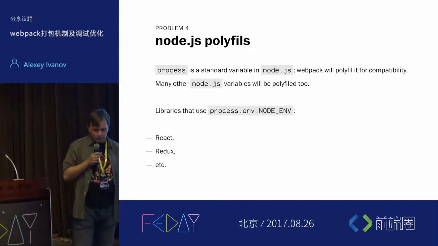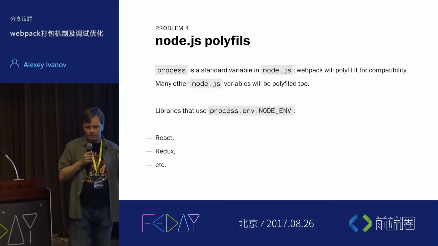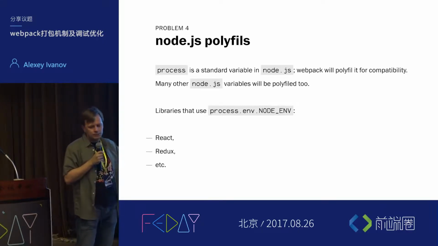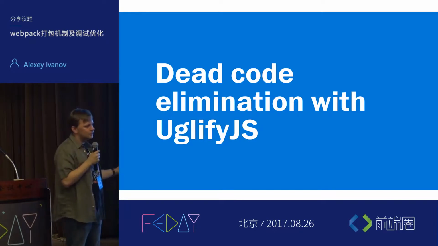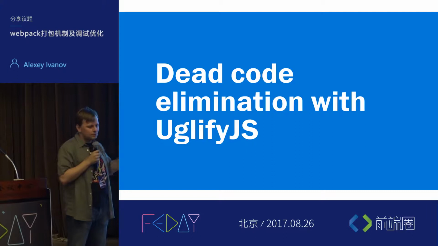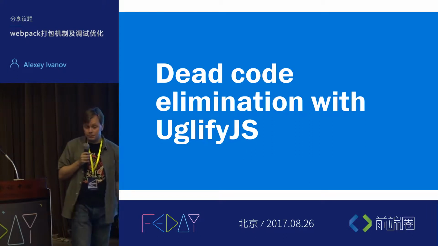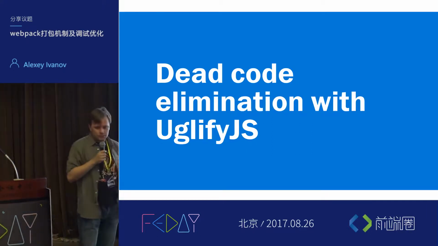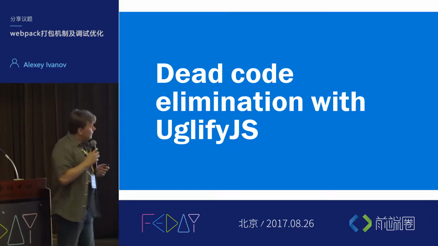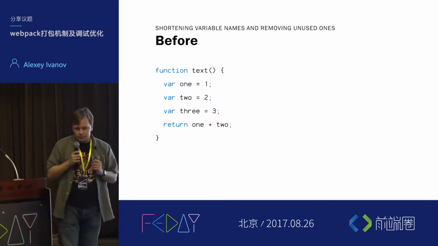Okay, so again, we wrote some plugins, we created a bundle, we used DefinePlugin to mark some parts of code as safe to remove, but how can we remove it? Well, to remove it, we can use UglifyJS plugin or some other plugin that can minimize JS. And how do they work?